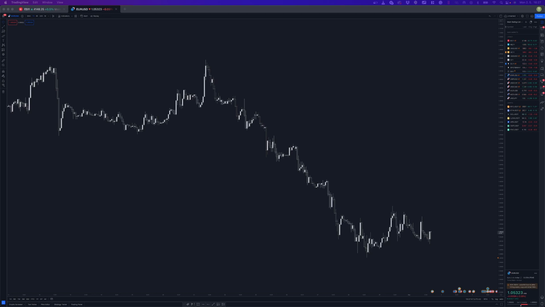And it's not complicated, it just requires a little bit of practice basically. So first things first, for this kind of swing trading standpoint, I am looking at daily and weekly charts.